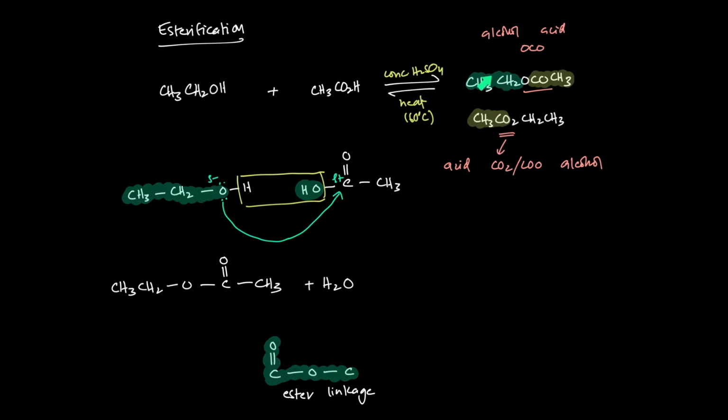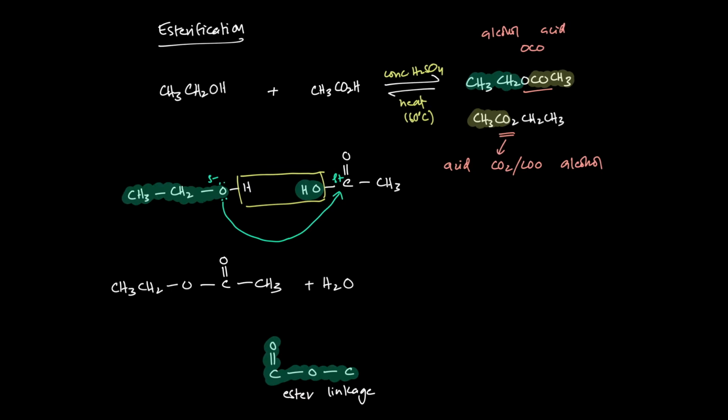It's just that अगर मैं identify करना चाह रहा हूँ alcohol कौन सी थी और acid कौन सी थी, I have to look at the structural formula. If you see CO2 written, you should know that the acid part was on the left and the alcohol part is on the right. And if you see OCO, then you should know that the alcohol is written on the left and the acid part is on the right. Okay, so these two are exactly the same ester.